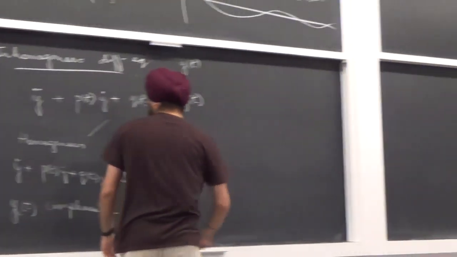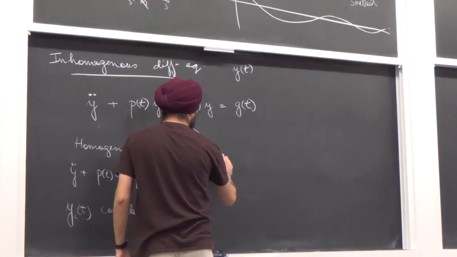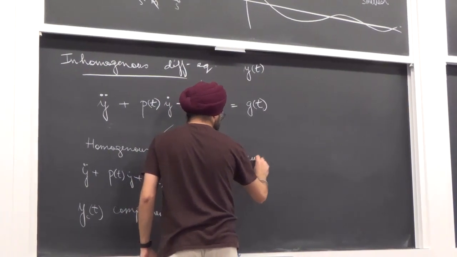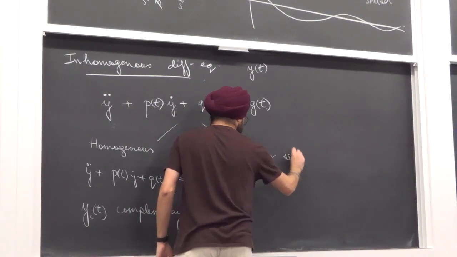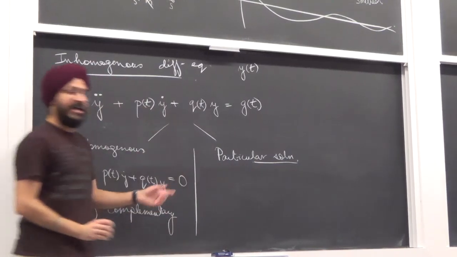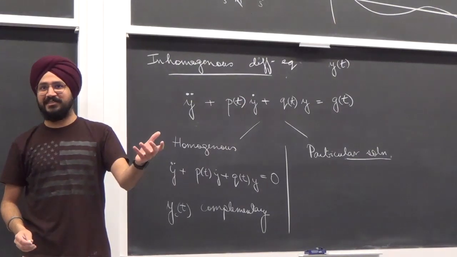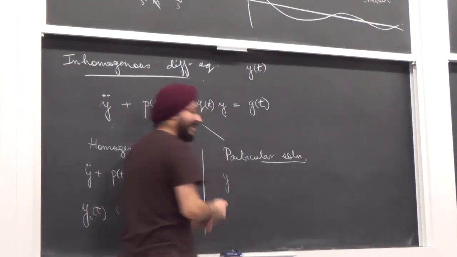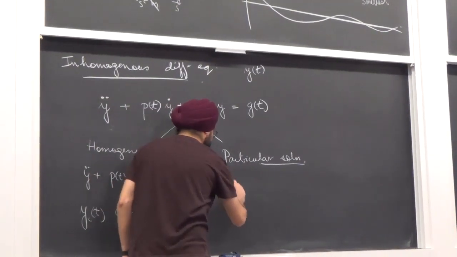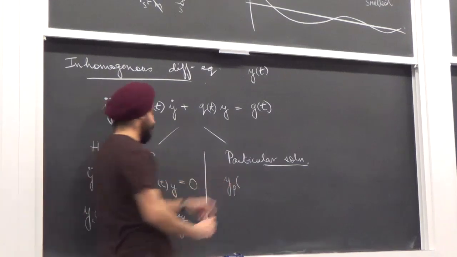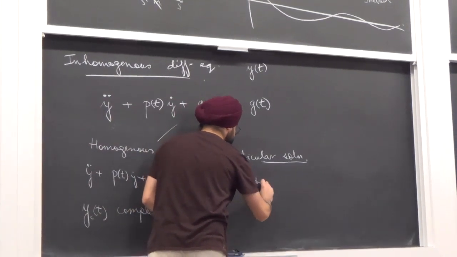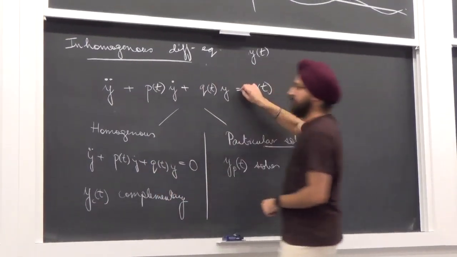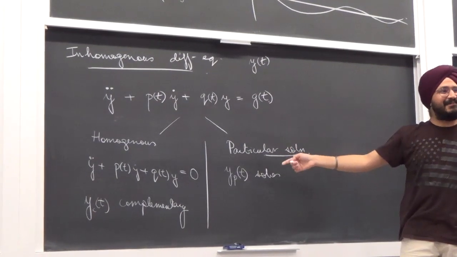Okay? The second piece is the particular solution, where you keep the inhomogeneous piece, keep the G of t, such that you're saying, okay, there is a solution, y sub p of t, p for particular, which solves my inhomogeneous equation. You're like, isn't that the whole point?